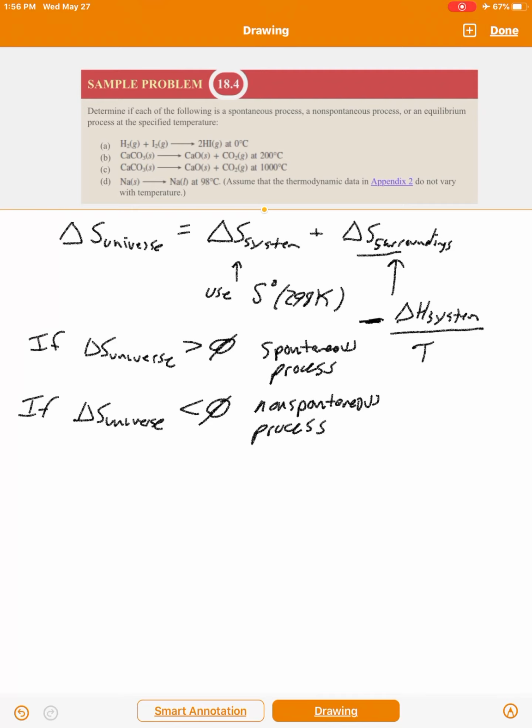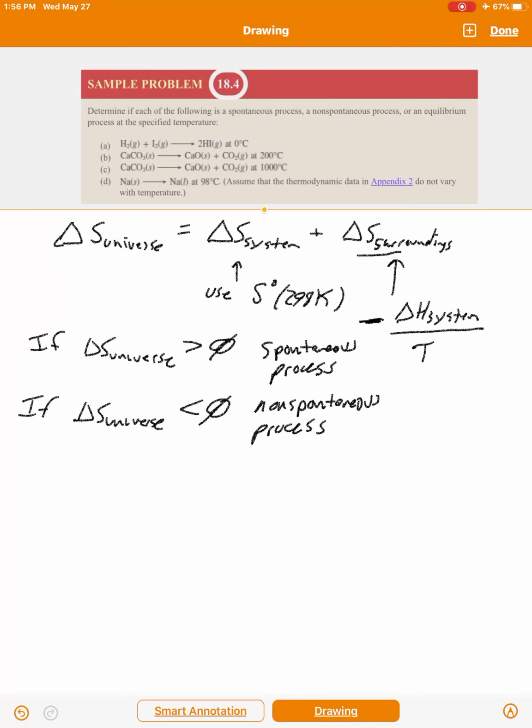So our calculations are involved here. These are not simple calculations. The arithmetic is very easy, but it's involved in terms of looking up data. This is something we often do in thermodynamics: we look up lots of data values that have been measured, and we have to find them and then use them in our calculations.